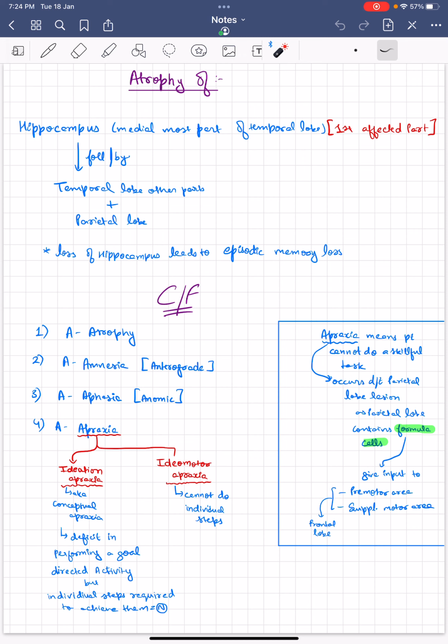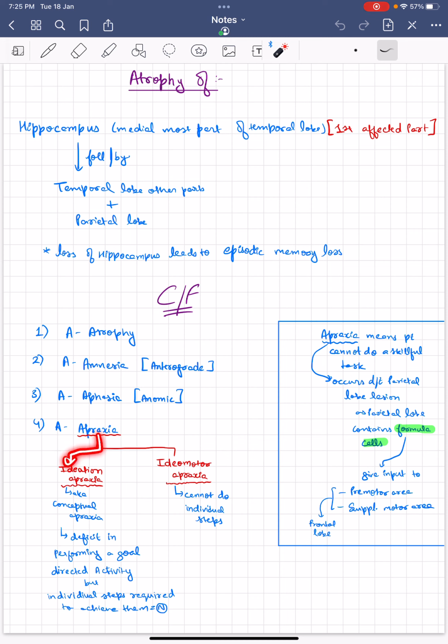These cells tell the premotor area how the task shall be performed, what things have to be done in a stepwise manner. Later, the premotor and supplementary motor areas, through the direct and indirect pathways, control the primary motor area, thus making us do the steps.